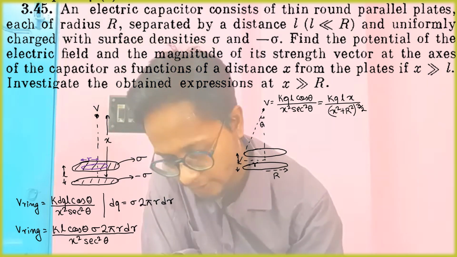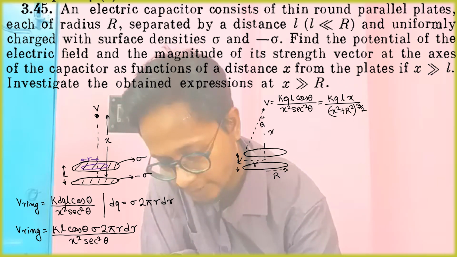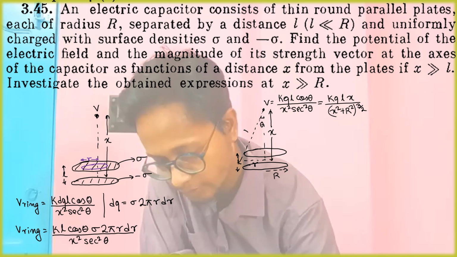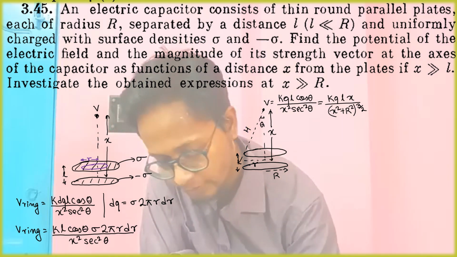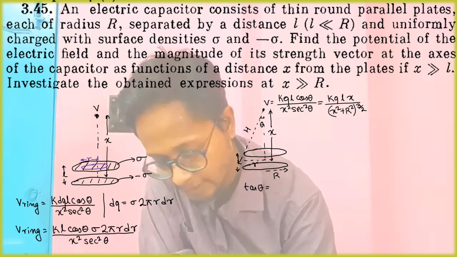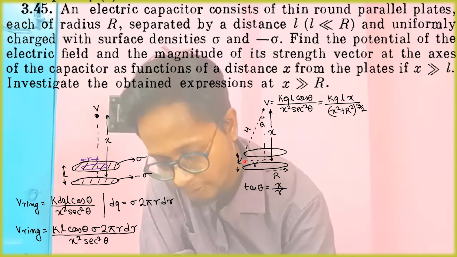Out here, this distance is x, and this is the hypotenuse, the square root of x square plus r square. So can I say tan theta is equal to x by r? Tan theta is perpendicular by base, sorry, r by x, not x by r.